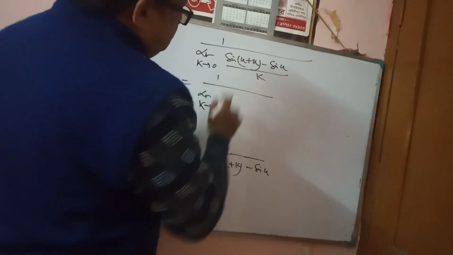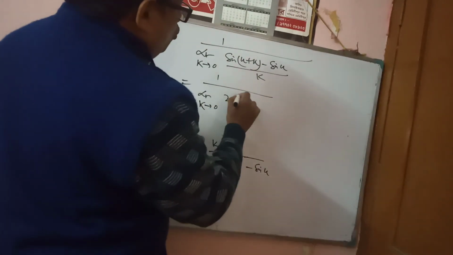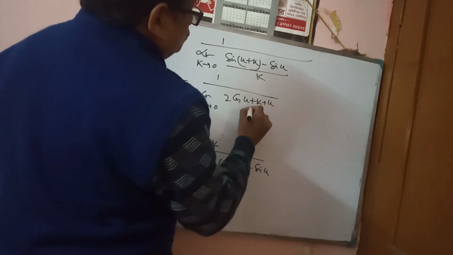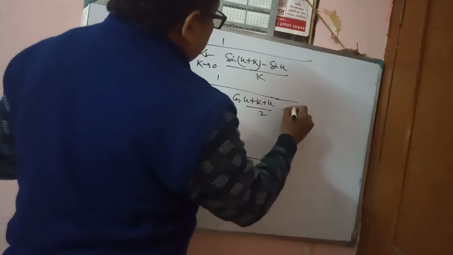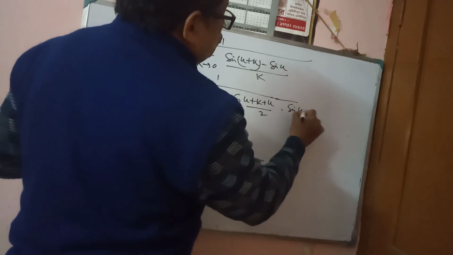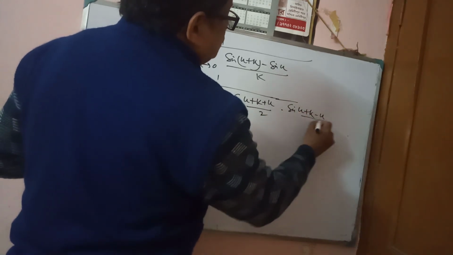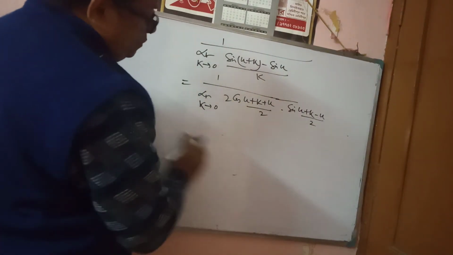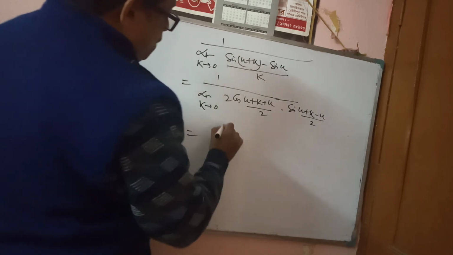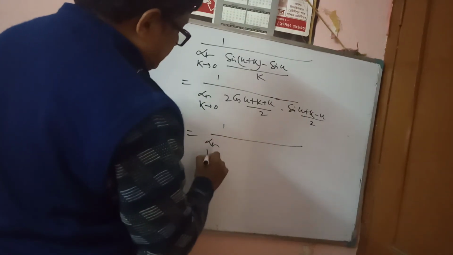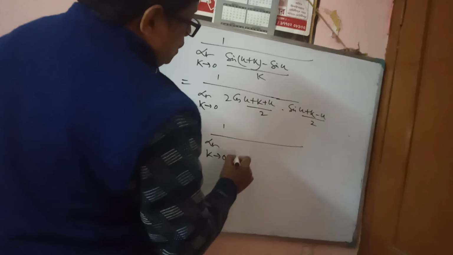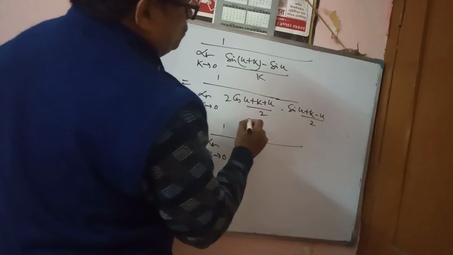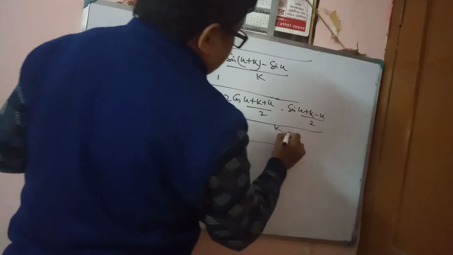So 2 cos((u plus k plus u) by 2) into sin((u plus k minus u) by 2), all by k.